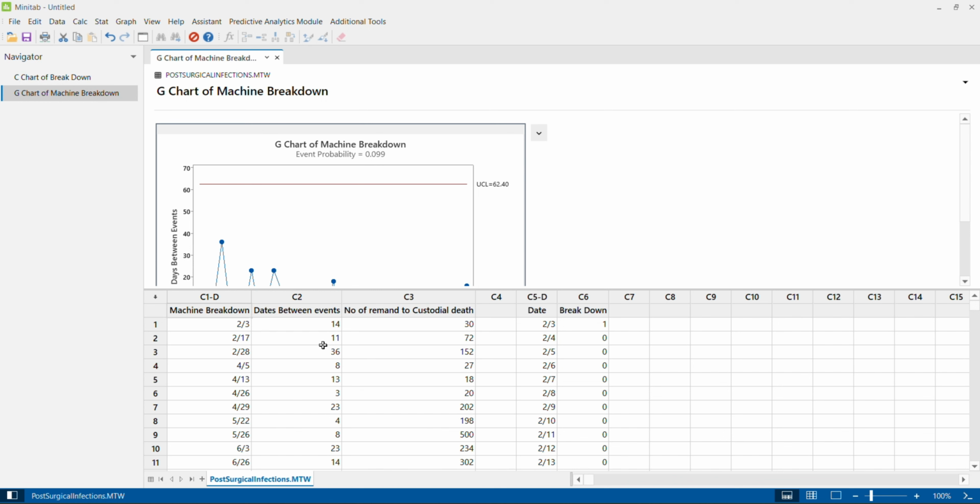As a city police commissioner, one thing which I definitely don't want to happen is a custodial death. When somebody is remanded in a police station and due to various reasons there is a custodial death, it is a serious cause of concern for me. The nature of death could be investigated, but as a city police commissioner, I don't like to hear there is a custodial death. That is a rare event, not a desired rare event.